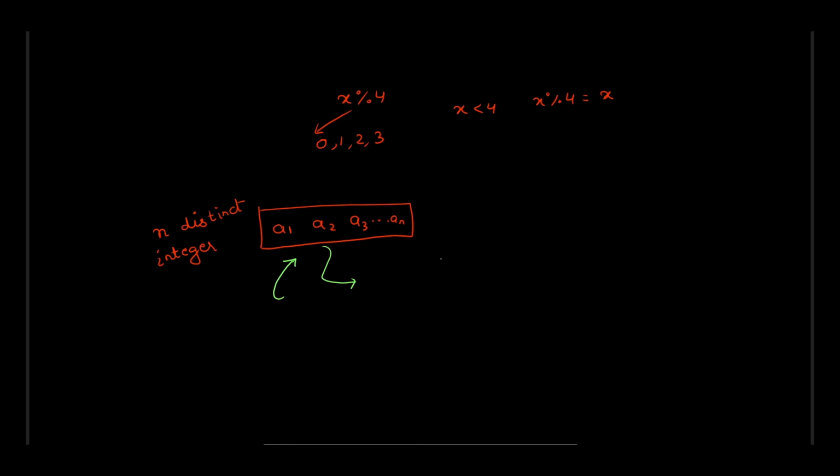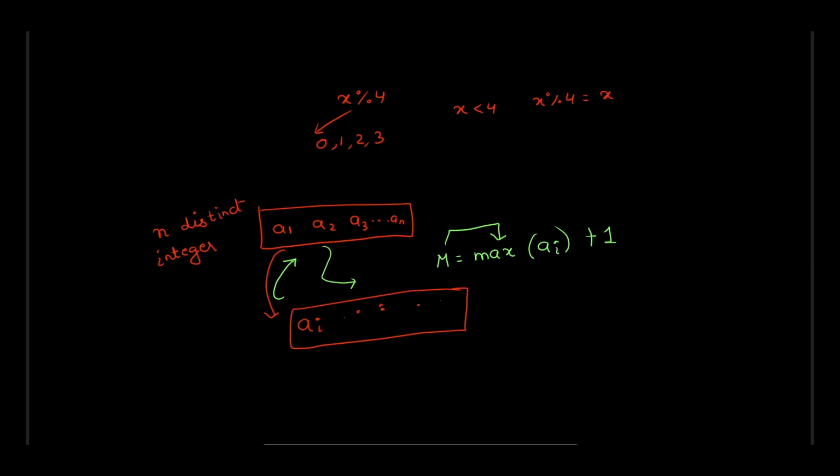If you pick m equal to max of ai plus 1, in this world, you can see that two numbers cannot be equal to each other. Why? Because ai modulo m would be equal to ai, and therefore, since none of the ai's are equal to each other, then their remainder also cannot be equal.